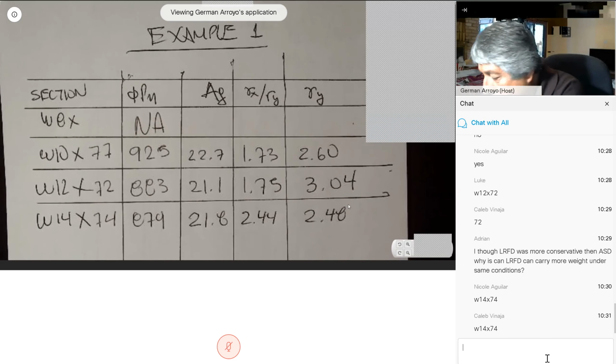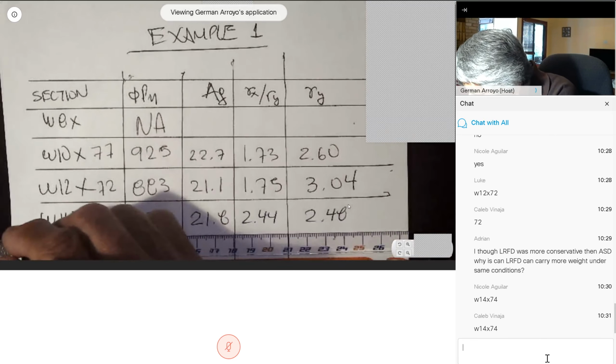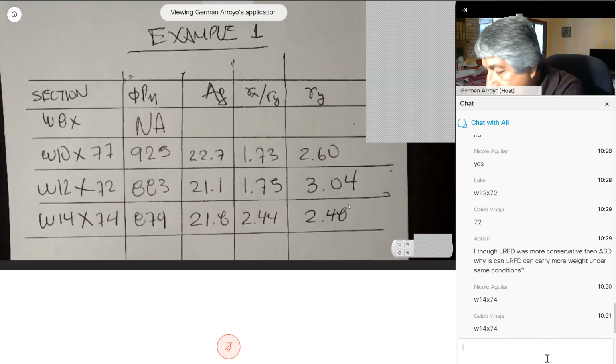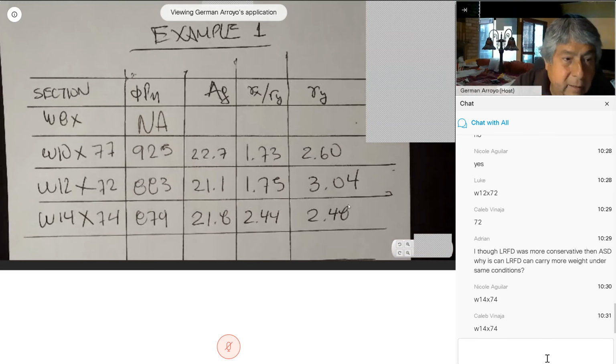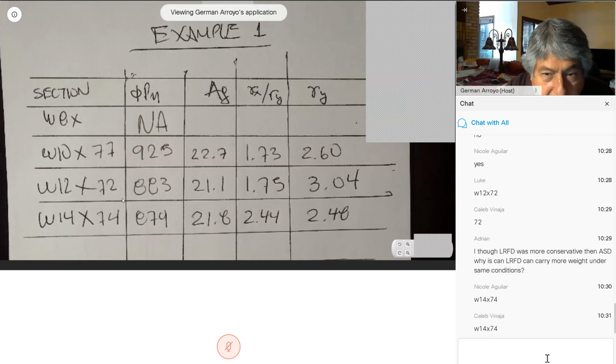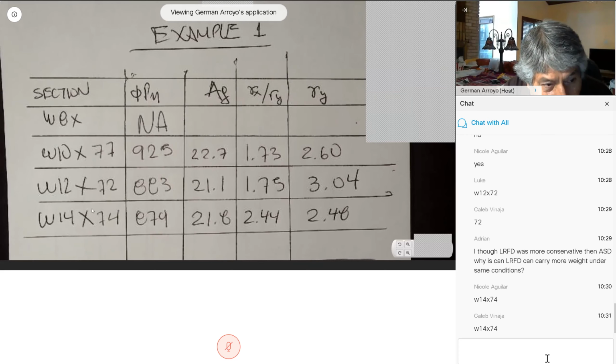But we are out of sections. And if you look at this, so far the lightest one, the best one, is the W12 by 72, because W12 by 72 is the lightest one: 72 pounds per foot, 74 pounds per foot, 77.